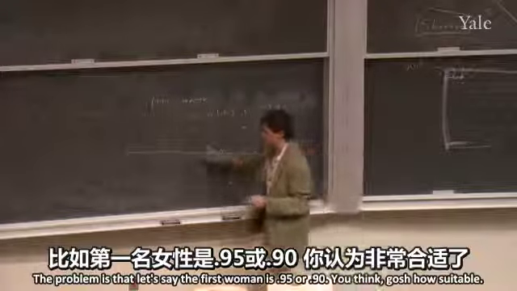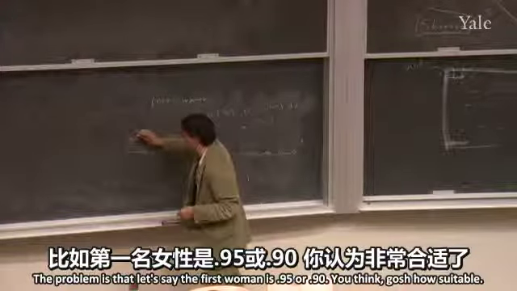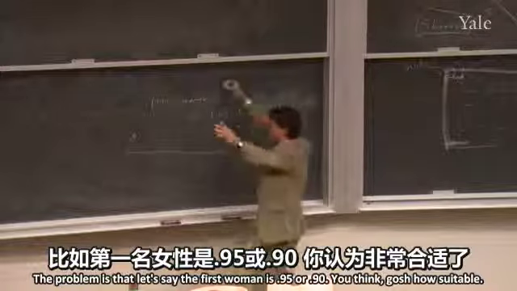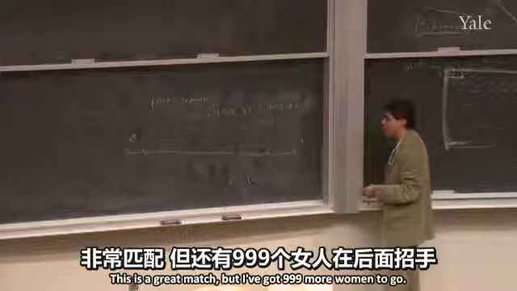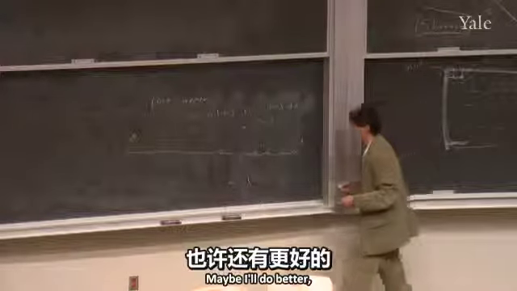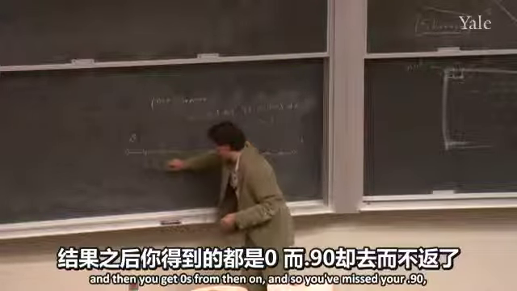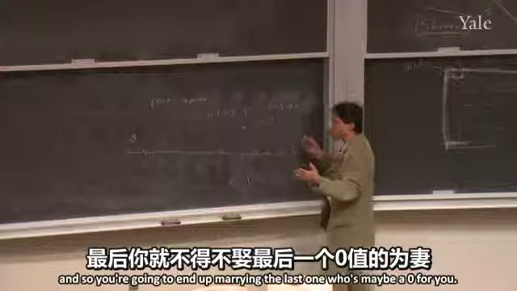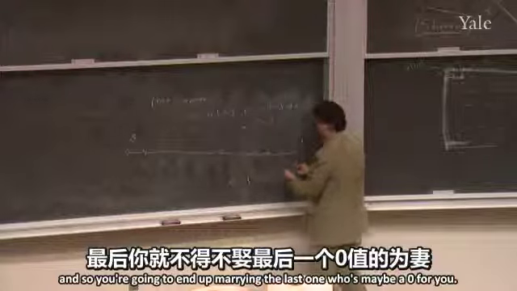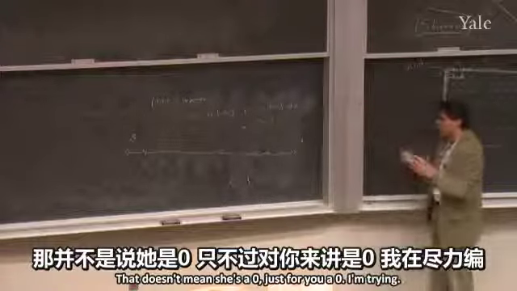Let's say the first woman is 0.95 or 0.90. You think, gosh, this is a great match. But I've got 999 more women to go. Maybe I'll do better. And then you get zeros from then on. And so you've missed your 0.90, and you're going to end up marrying the last one, who's maybe a 0 for you. That doesn't mean she's a 0, just for you a 0.